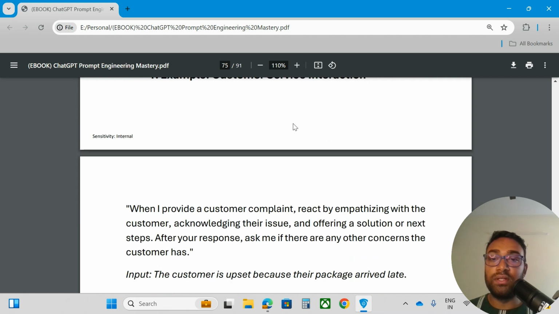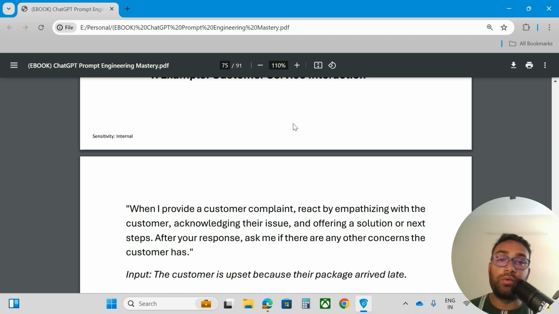So example number one: you are telling ChatGPT or any other artificial intelligence tool that when I provide a customer complaint, react by empathizing with the customer, acknowledging their issue, and offering a solution or next steps. After your response, ask me if there are any other concerns the customer has. So I will provide you the complaint the customer made.